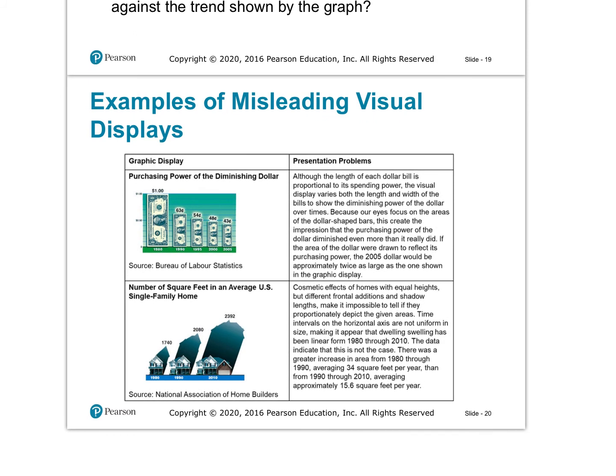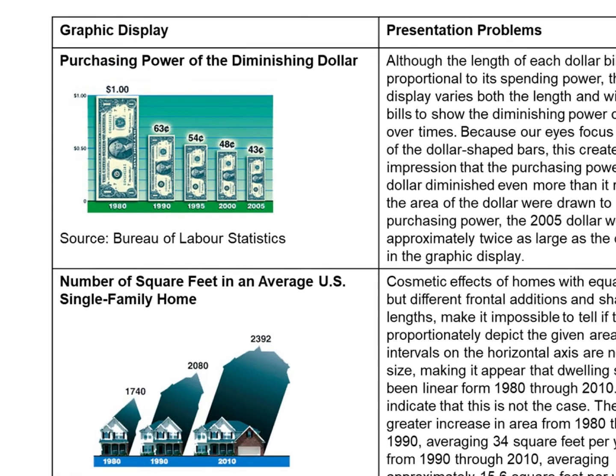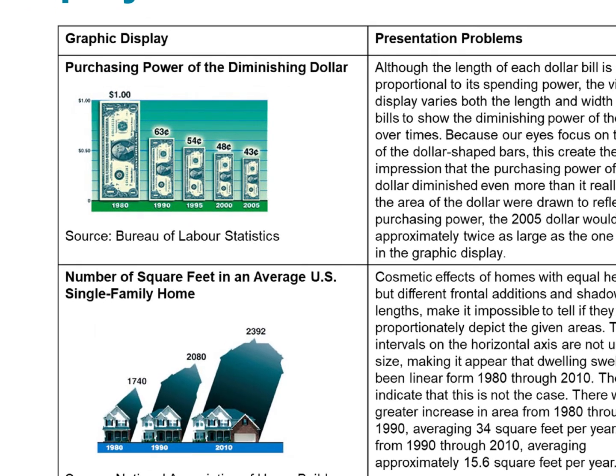So here are some examples of misleading visual displays. Just be careful when you're looking at these. See how they make the dollar really big and then 43 cents really small. Well, 43 cents is close to half a dollar, so they should be more equally spaced out.